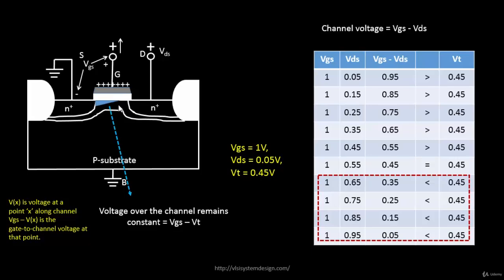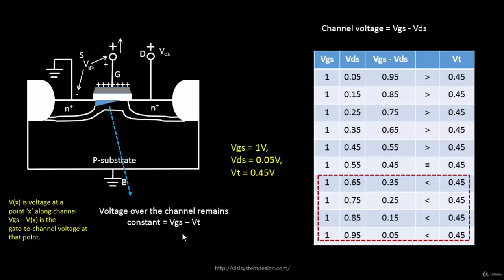The channel length still gets modulated by the application of VDS, and there's a channel length modulation factor that can be put into the equation to make it complete. But for now, from a top-level point of view, it's no more a function of VDS. That's the good part. We have to handle very few variables in the saturation region, and the variable we have to handle here is VGS minus VT.